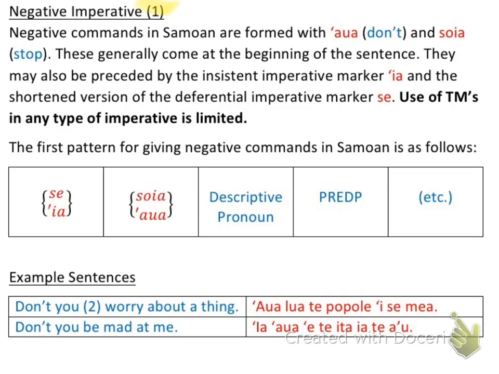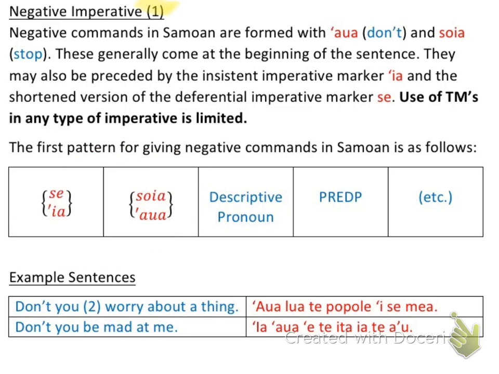And then I'm going to have a descriptive pronoun. In these cases, I'm going to use descriptive pronouns. And then my predicate is going to come right after that because that's how descriptive pronouns work. They come before the predicate and then whatever comes after that. So it's almost like taking away the tense marker and replacing it with these things. And depending on which one you want, say soia or ya awa or vice versa, it's up to you.